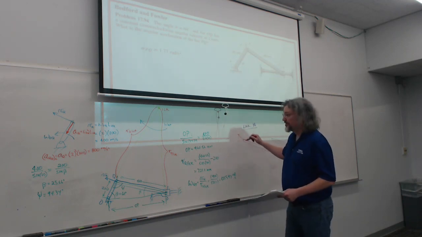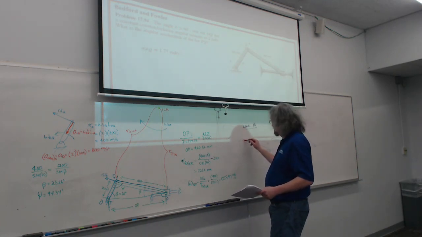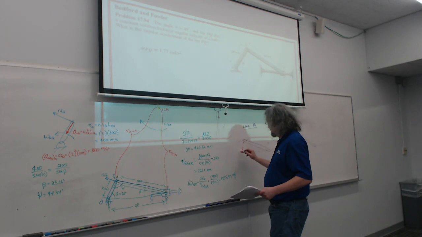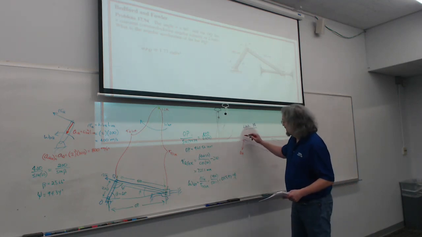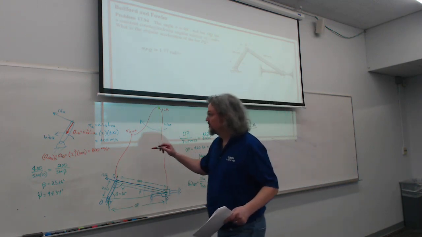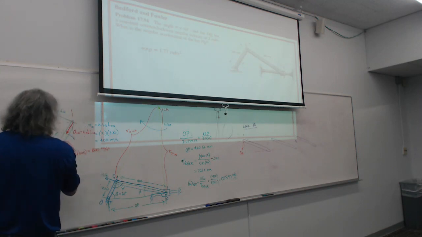That's going to be, nope, wrong, down. Sorry. So this is the acceleration of Q. And looking at these angles right here, this is 60 degrees, so that's 60 degrees.